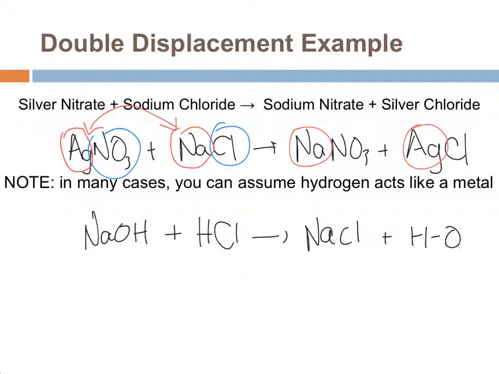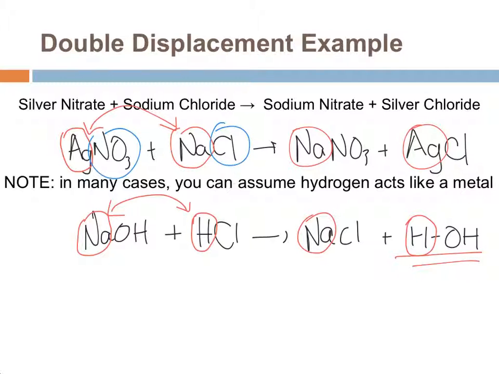So I'm just going to write water out like this because the hydrogen in HCl is acting like a metal and is swapping places with the sodium to produce sodium chloride and water, with the hydrogen combined with the OH, which makes water. So you've got to be really careful. Neutralization is a type of double displacement.